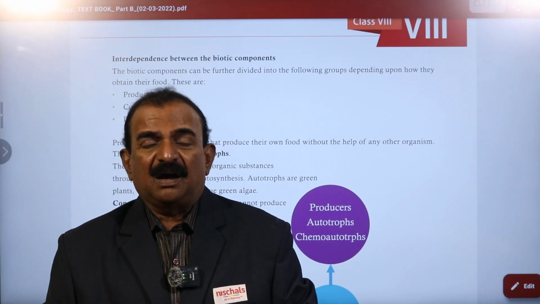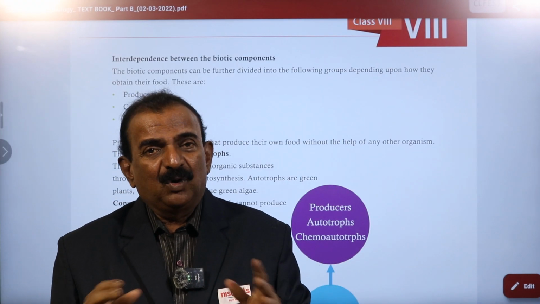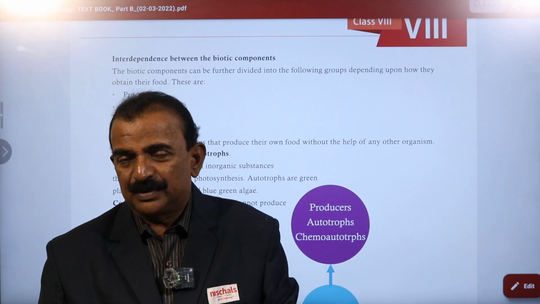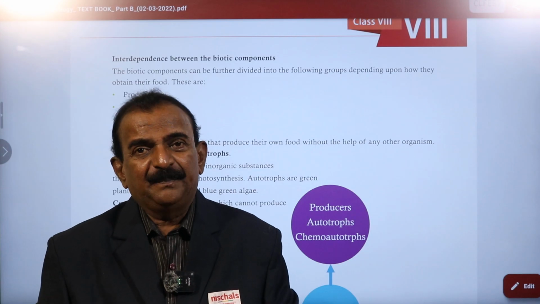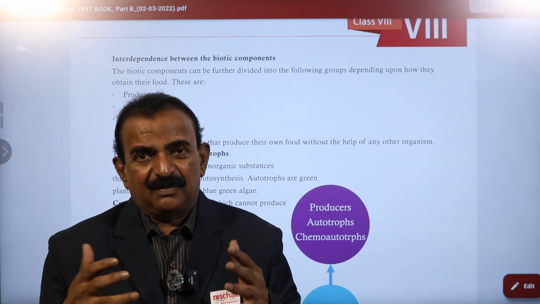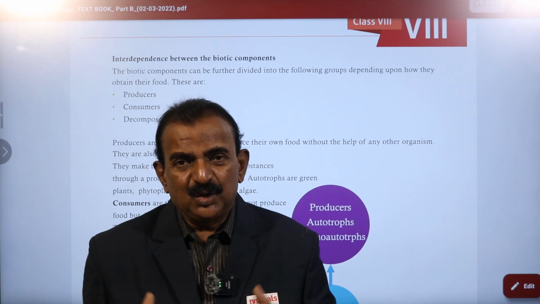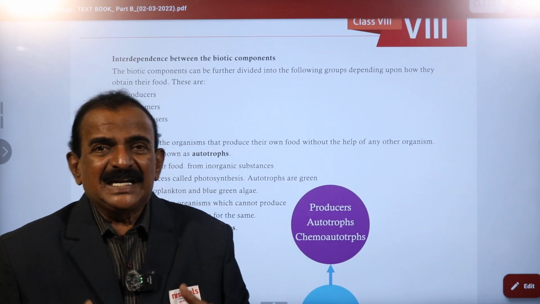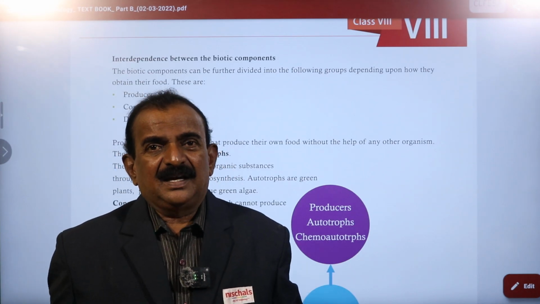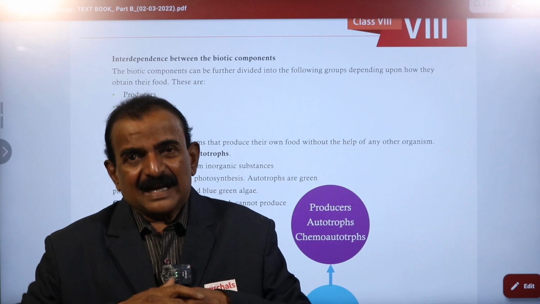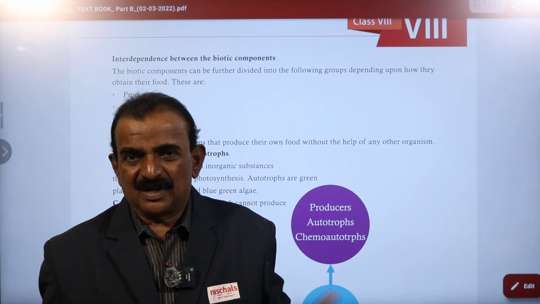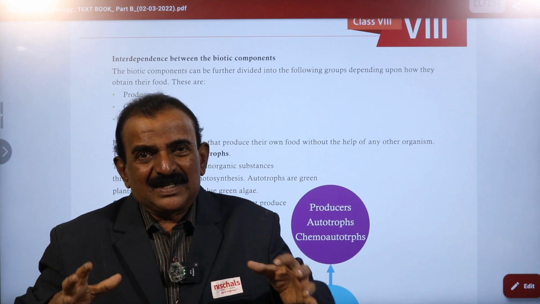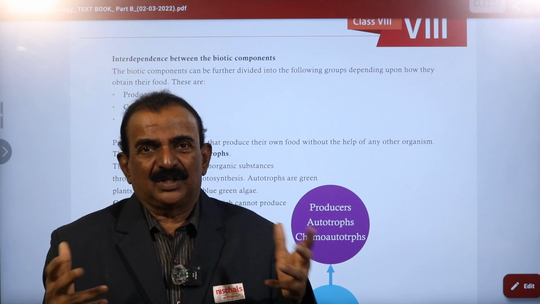Decomposers are organisms, and most of the decomposers are microbes, namely fungi and also bacteria. These decomposers are mainly useful to decompose dead organic matter, and finally they convert this dead organic matter into simple inorganic substances, and once again they go back into the soil and into the atmosphere.